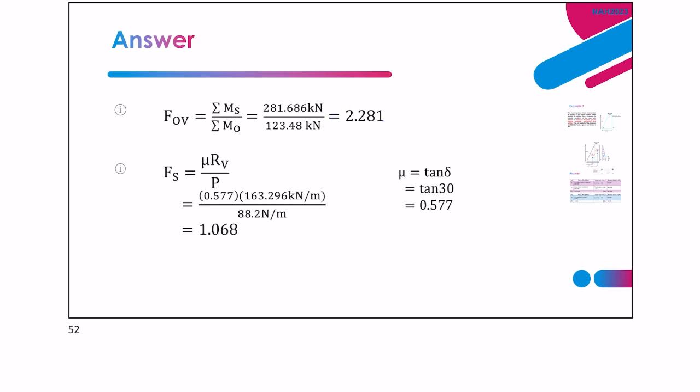Next, we're going to calculate the factor of safety against sliding. You have the formula for factor of safety against sliding. Mu RV divide with P. Mu RV ni asalnya daripada RS which is resistance to sliding. So ini adalah the formula. Mu is not given in the question, however, dia bagi value of delta.